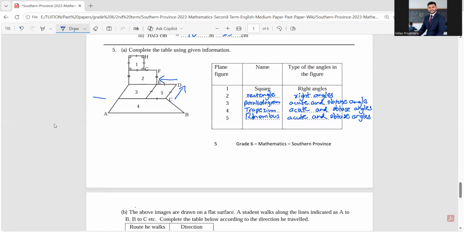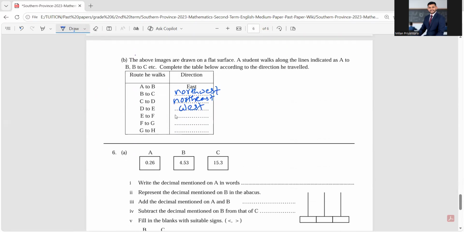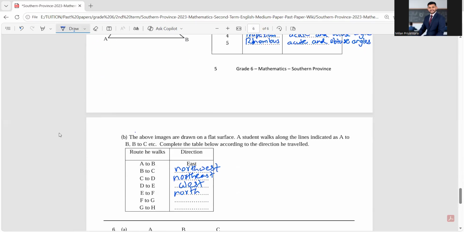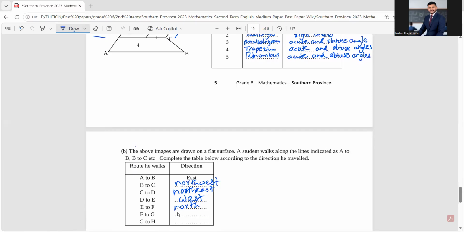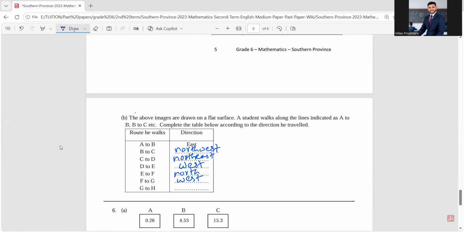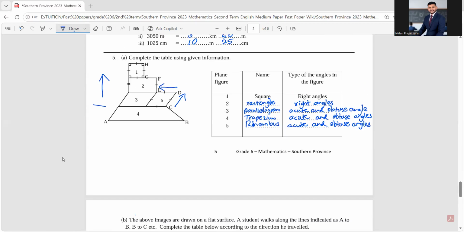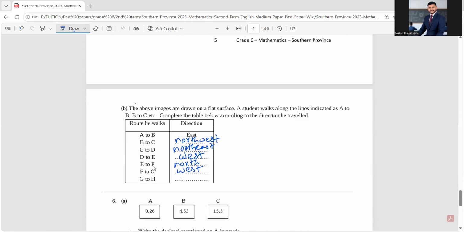E to F. E to F means like this. That means north. And F to G is again west. And then G to H is again north.